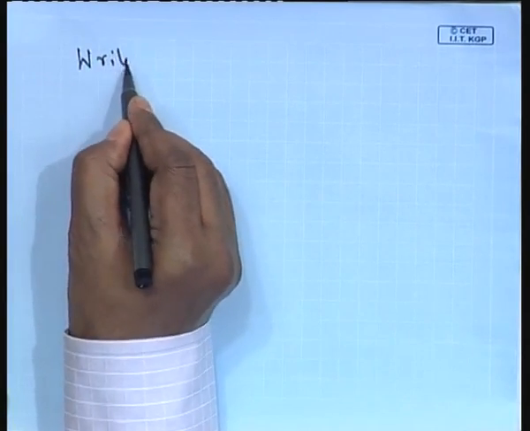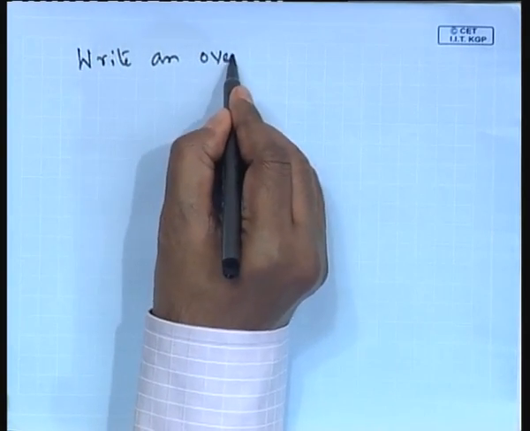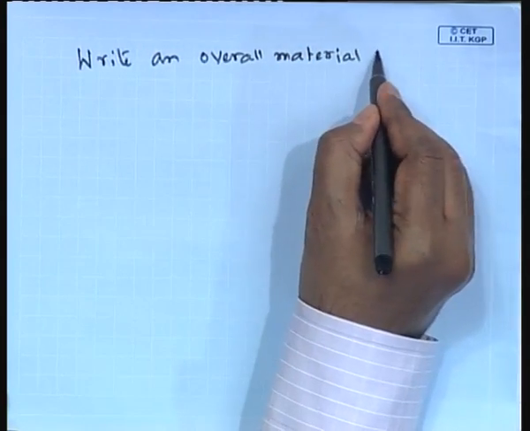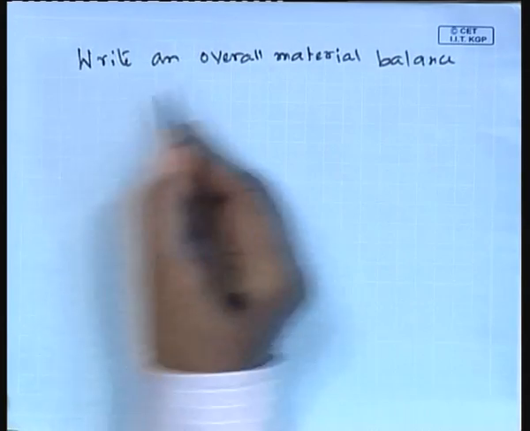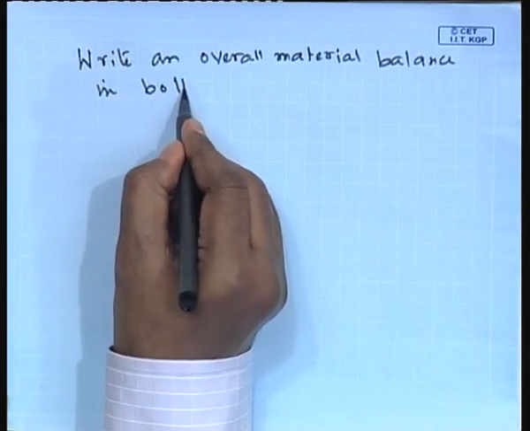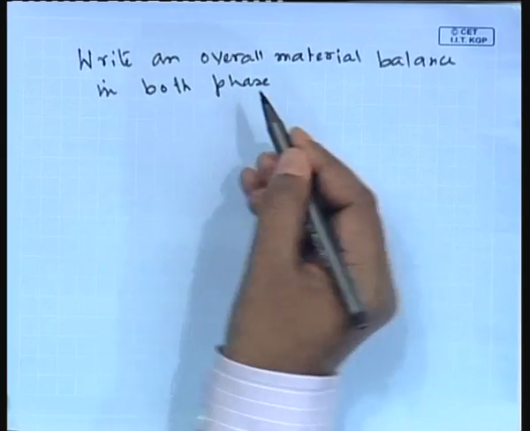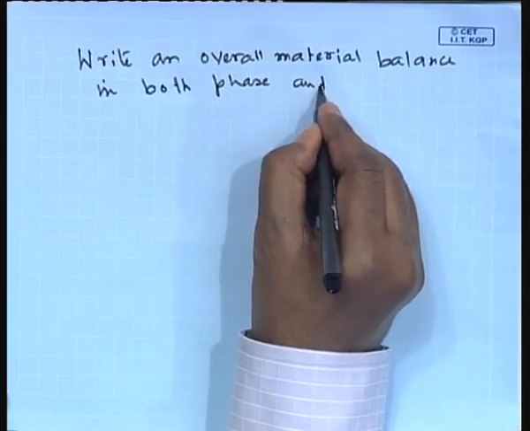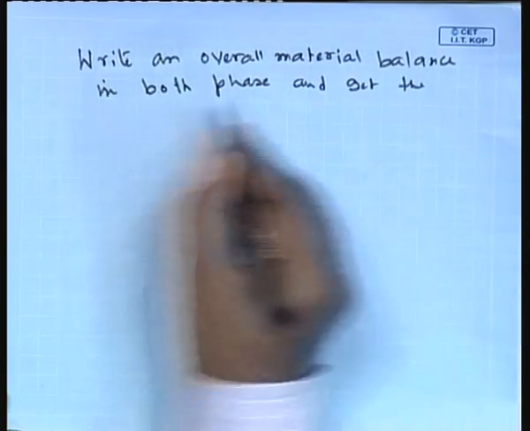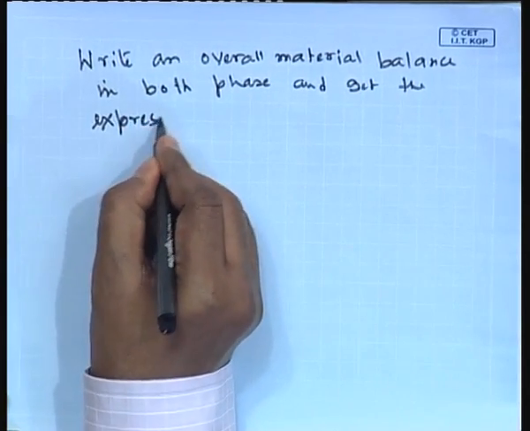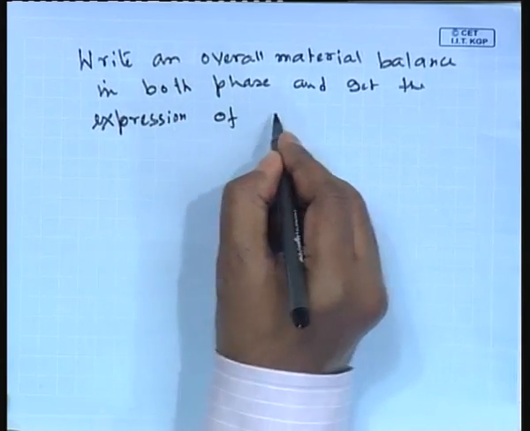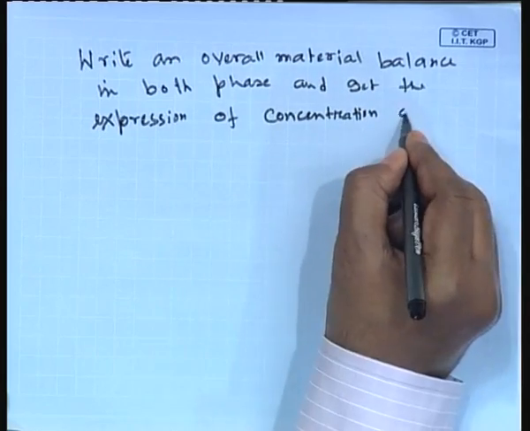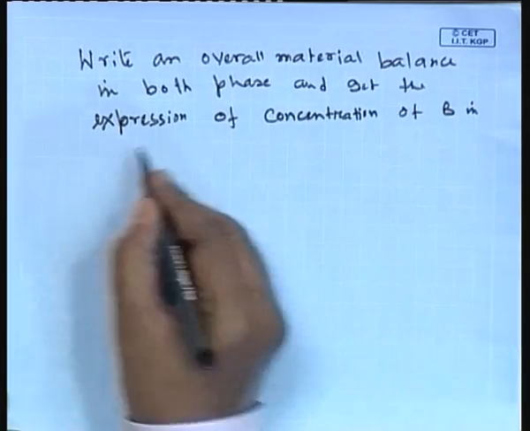Write an overall material balance in both the phases, exactly like whatever you have done earlier, and get the expression of concentration of B in internal phase.